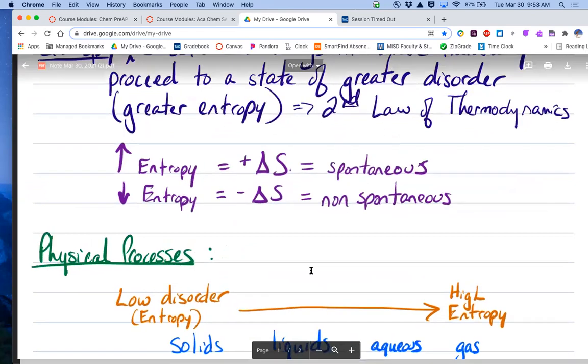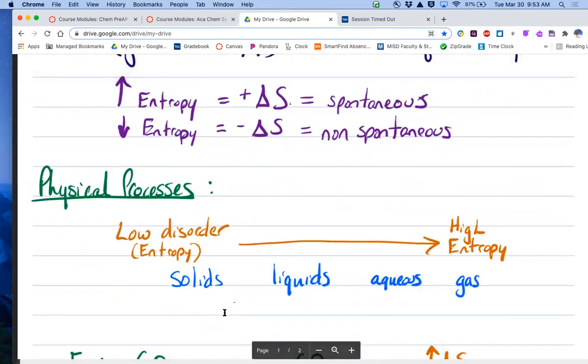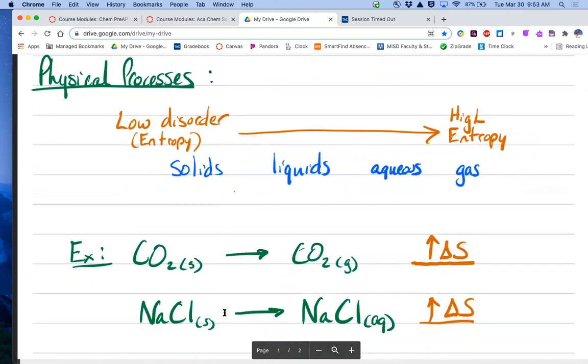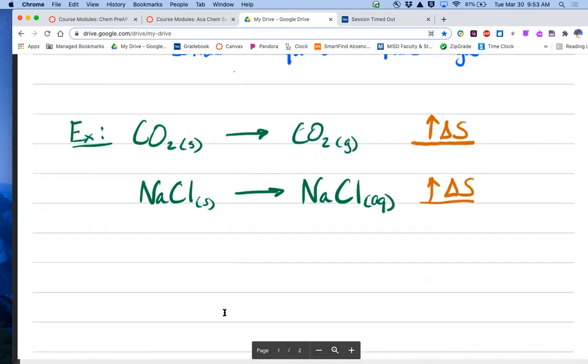All right, what are aqueous solutions? Dissolved in water, good. So in order of low to high entropy: solids, liquids, aqueous, gas. So, for example, before you write, I want you to listen.